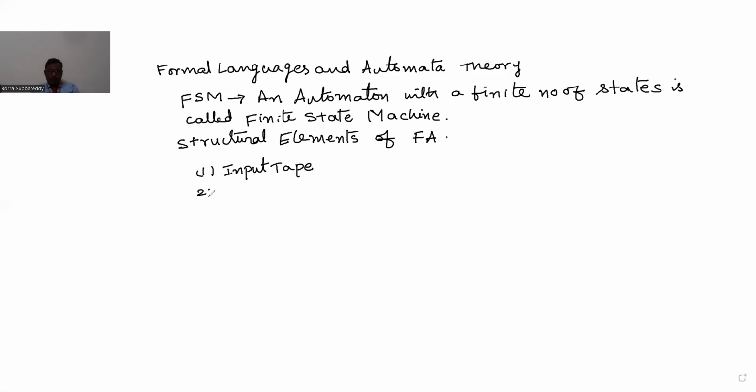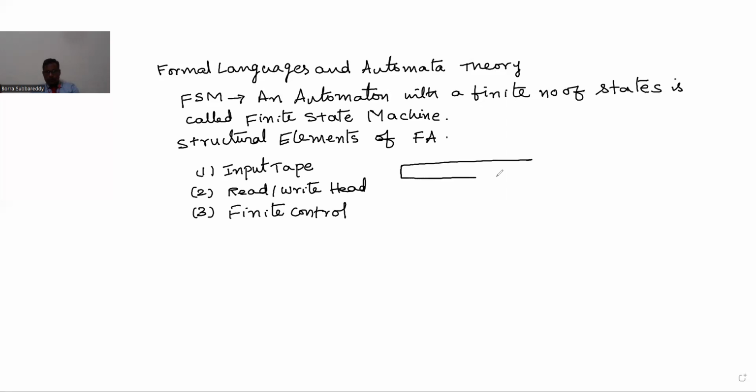The second component of finite automata is the read or write head. The third component is finite control. These three components I will explain with the block diagram.